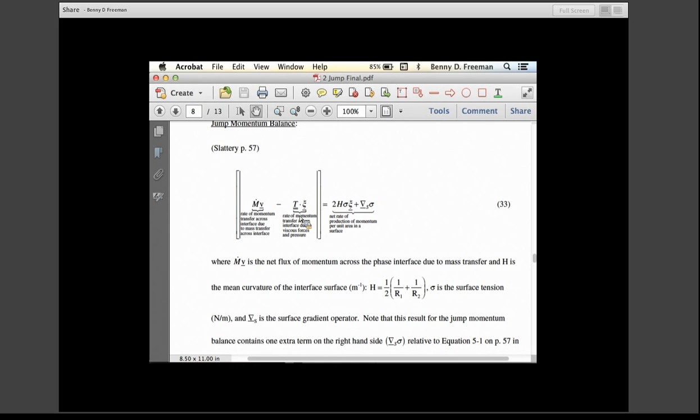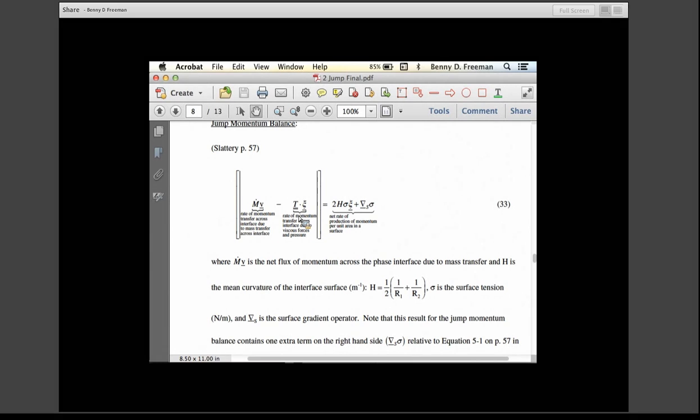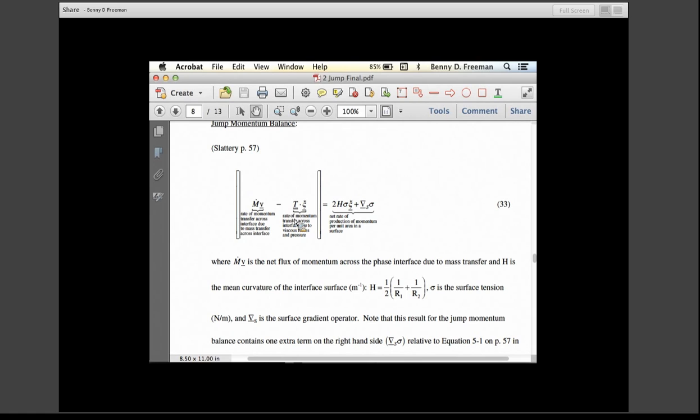So if you consider a balloon that's inflated with a gas and it's impermeable to that gas, you can exert a pressure on the surface of that balloon and transfer momentum to the balloon or to the gas inside the balloon without having any mass transfer occur. And so this will have contributions from the stress that's exerted on the phase interface in the direction of the interface.